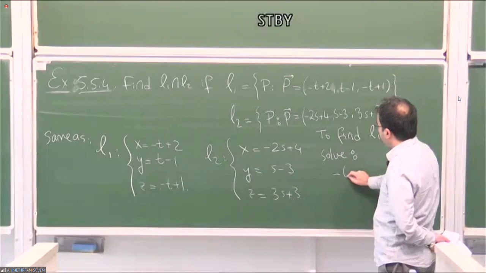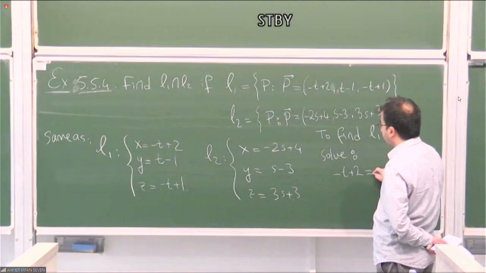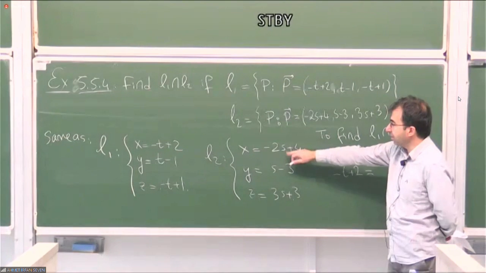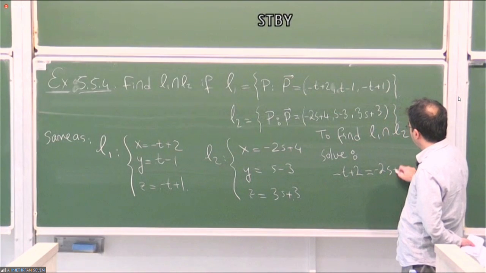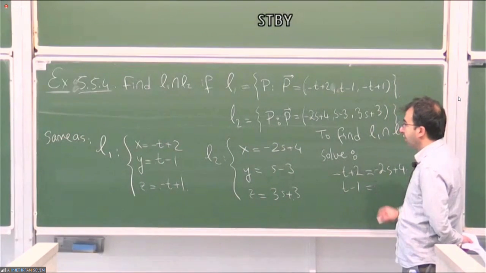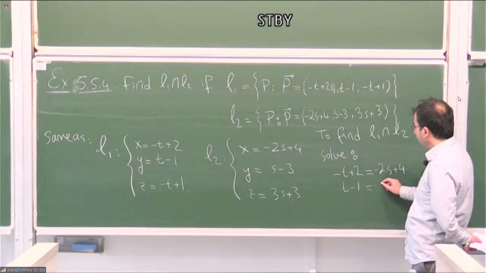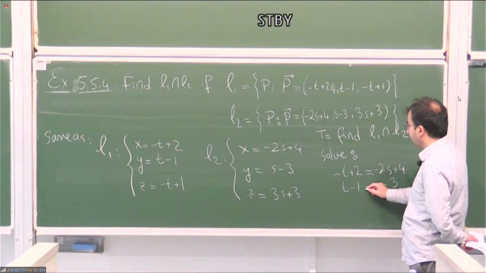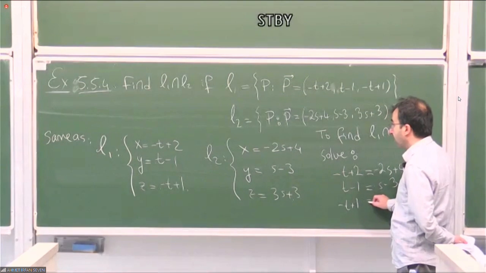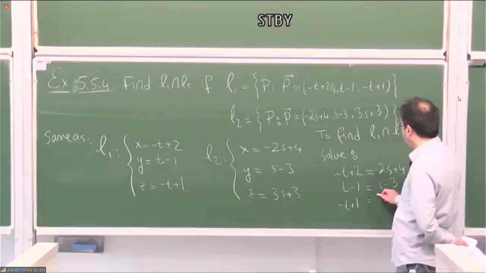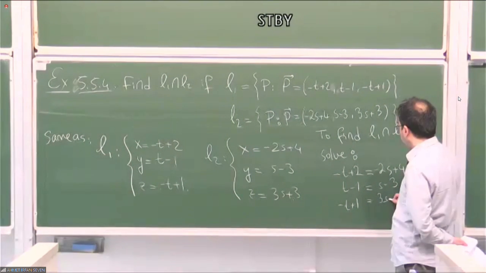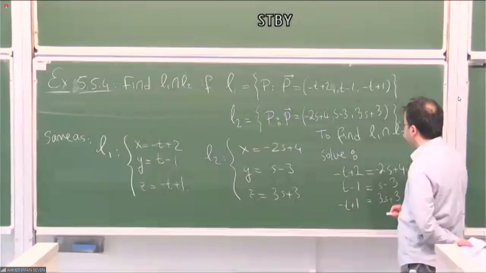X is equal to minus t plus 2 in the first line. For the intersection, it must be the same as what is x for the next one. So t minus 1 equals s minus 3, minus t plus 1 equals 3s plus 3.